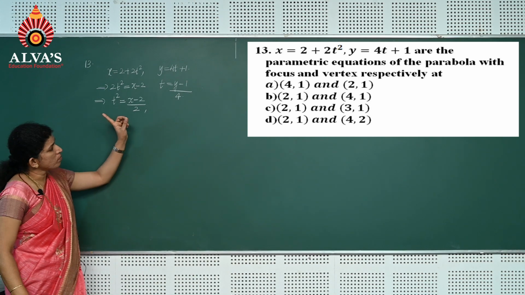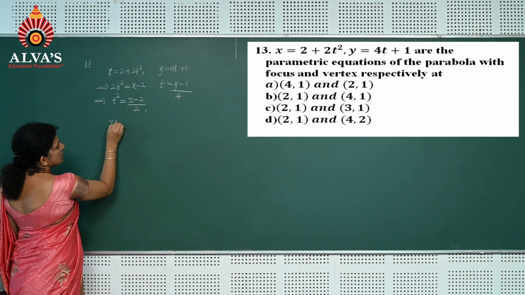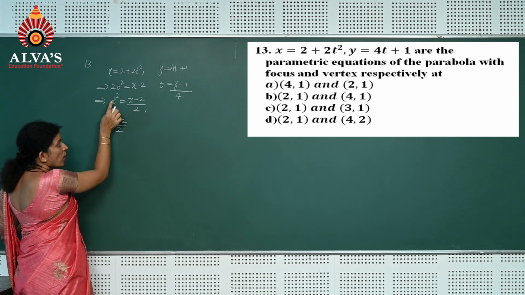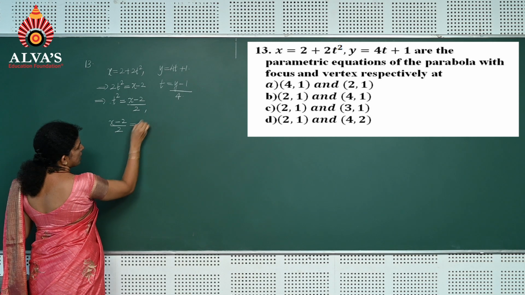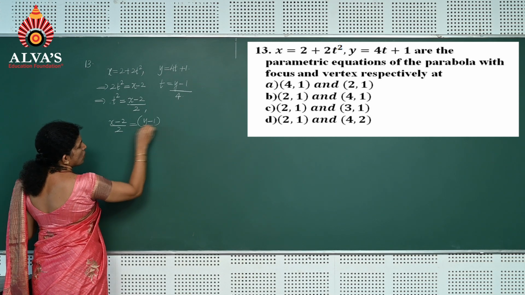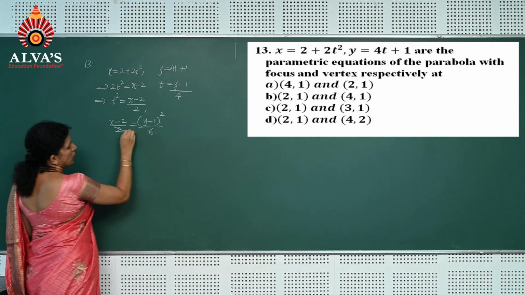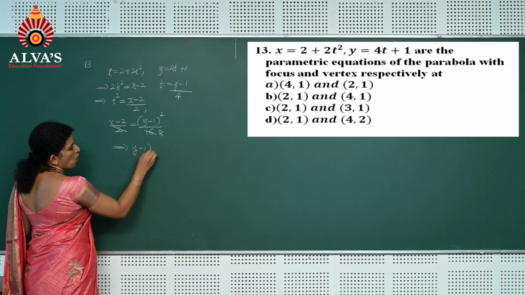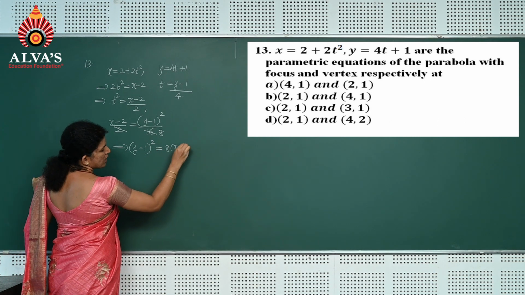I am going to form the equation of the parabola here. (x minus 2) by 2 is equal to t square, where t is (y minus 1) by 4, so that it is (y minus 1) whole square divided by 16. So the equation of the parabola reduces to (y minus 1) whole square equal to 8 into (x minus 2).